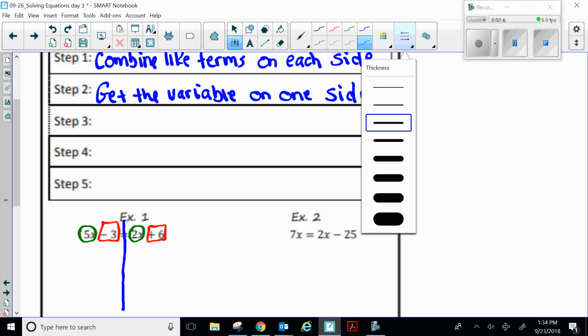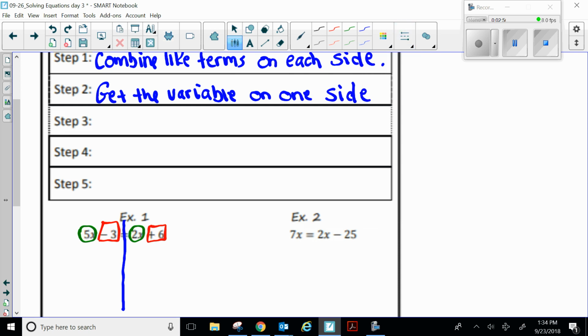Okay, so looking at my equation, I want to get my variable on one side of my equation. So to do that, I'm going to go ahead and add the opposite. So I'm going to add -2x to the +2x, and I'm going to add a -2x to my 5x.